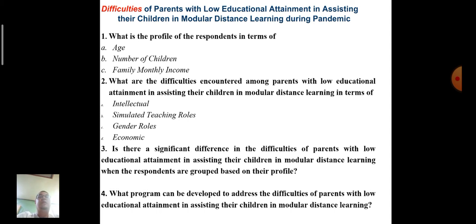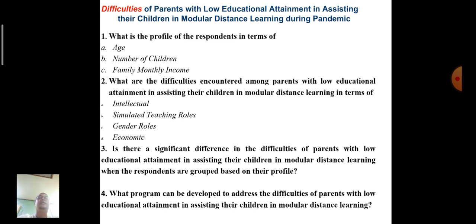So if you have question number one, which talks about the demographic traits, question number three should be there also, because this question is asking about the difficulties encountered among parents, but they are broken down into groups.